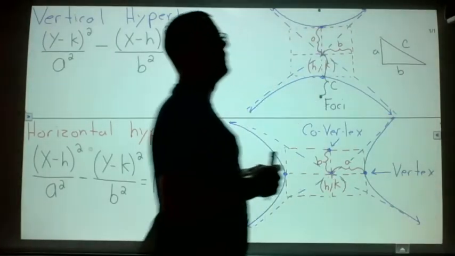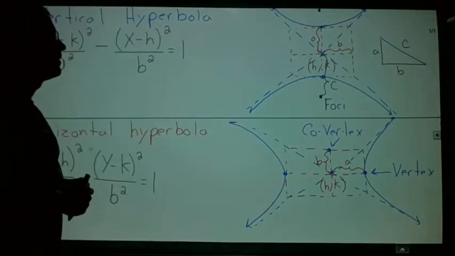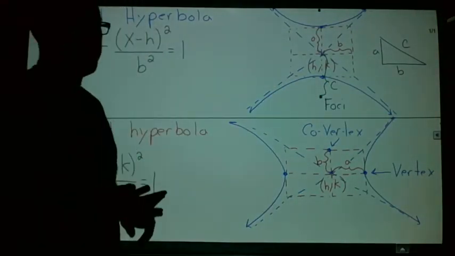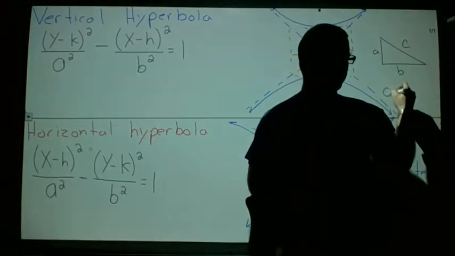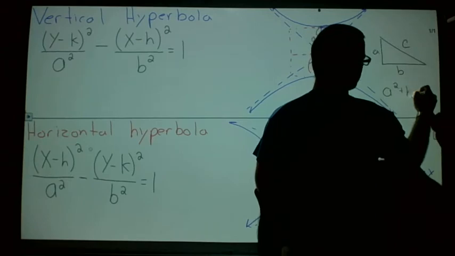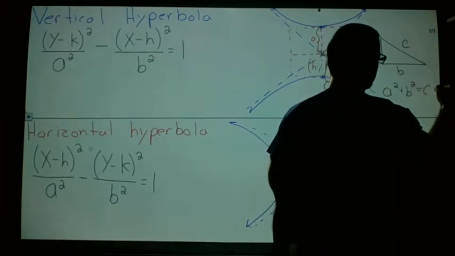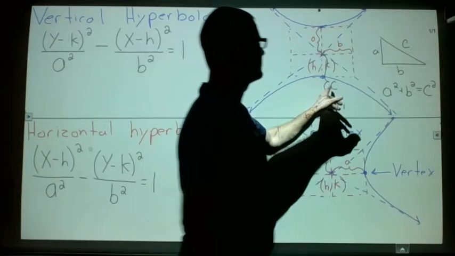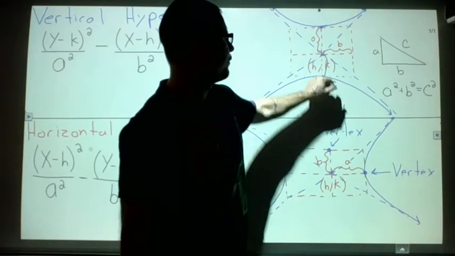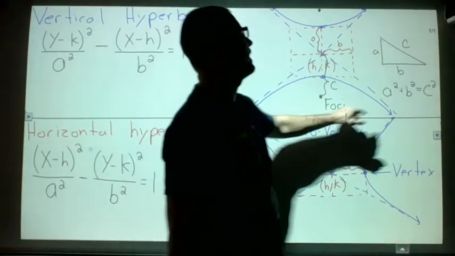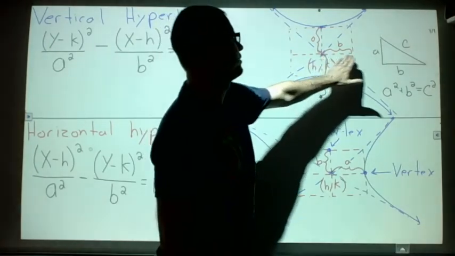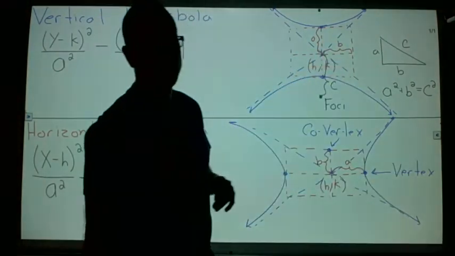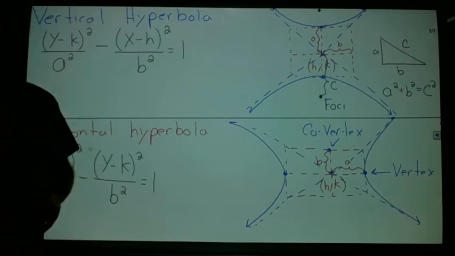So we get that familiar Pythagorean formula of a squared plus b squared is equal to c squared, where c is the radius from the center to a focal point, and a and b are the radius values from the center to an outside edge of the rectangle.